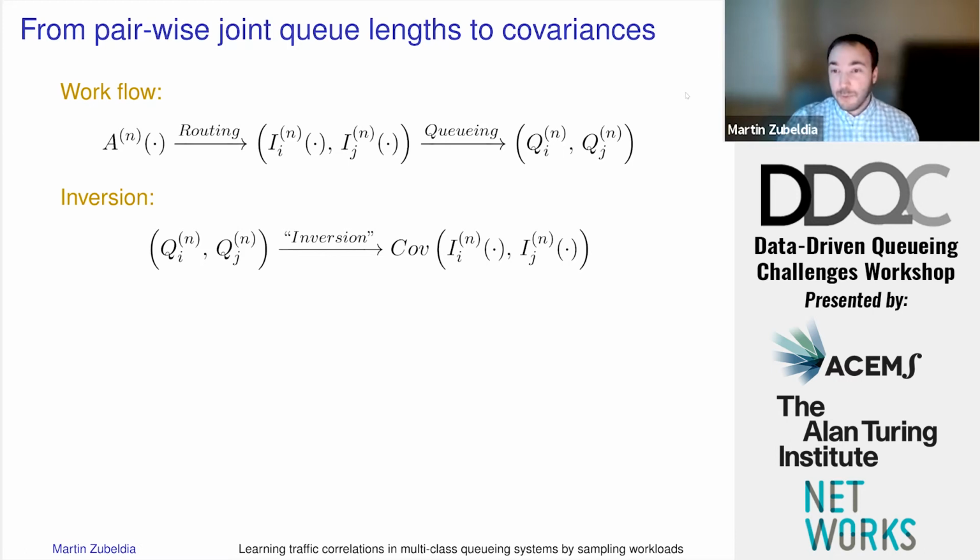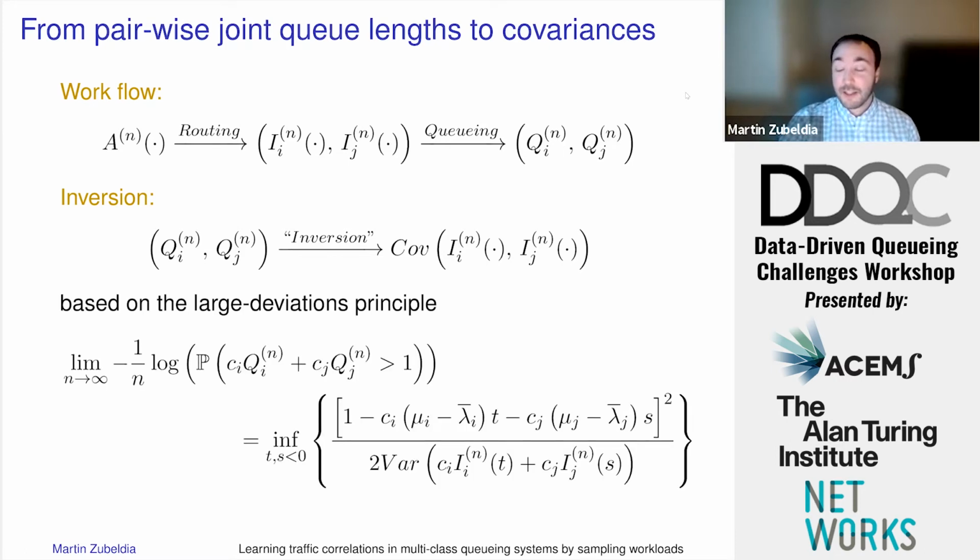This again will be based on a large deviation principle: because now we have two Qs, we look at the probability that a linear combination of Qs goes above 1.